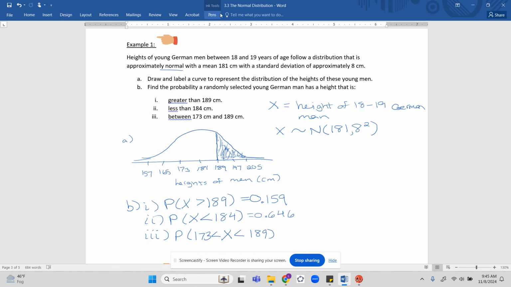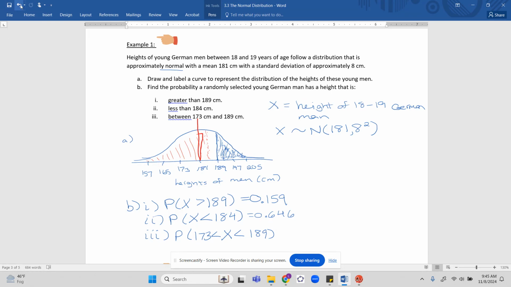Let's look, does that make sense in the context of the diagram above? Less than 184. 184 might be somewhere around here. Less than 184 is more than half the curve, right? Because the halfway point is at the mean. That's the halfway point at the mean.